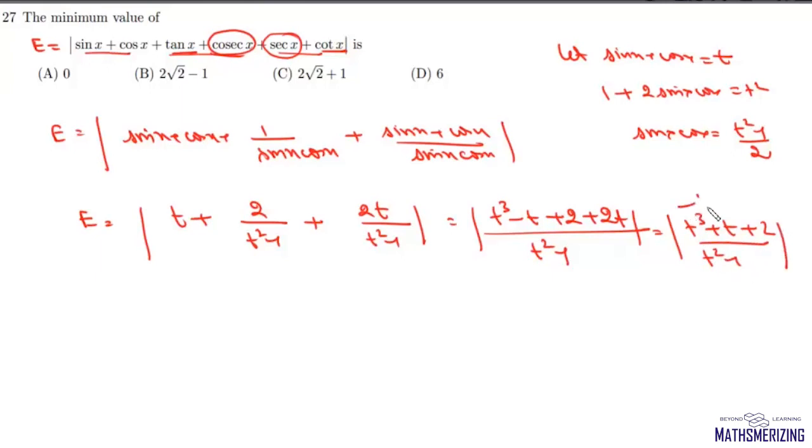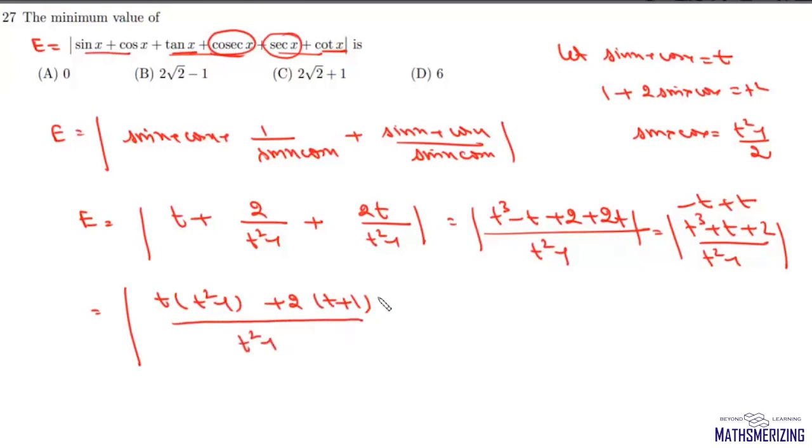Now what we'll do is we'll subtract t and we'll add t. Then we can write this as t into t square minus 1 plus 2t plus 2 upon t square minus 1. So we can simplify this as t plus 2 upon t minus 1.